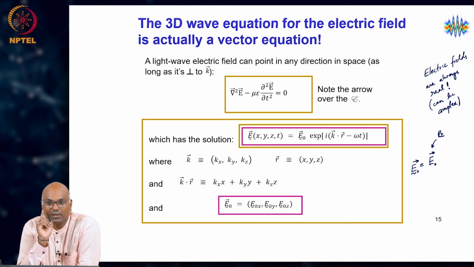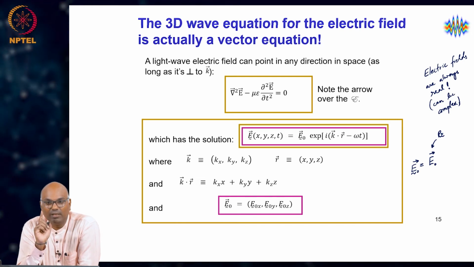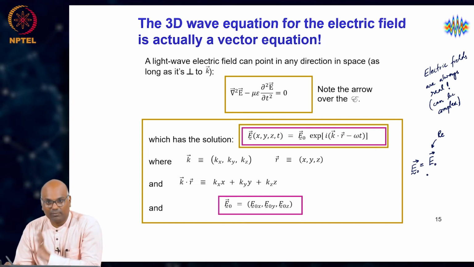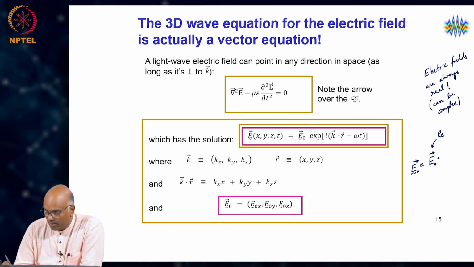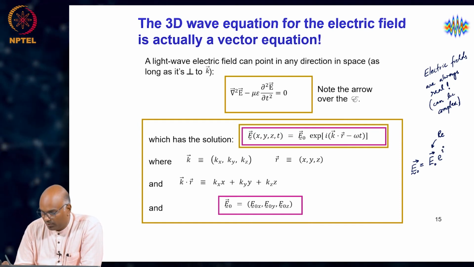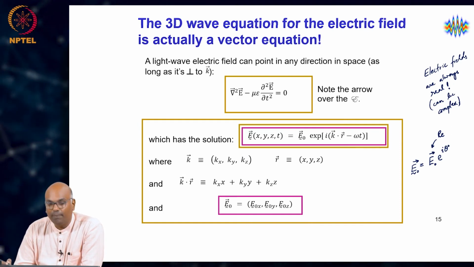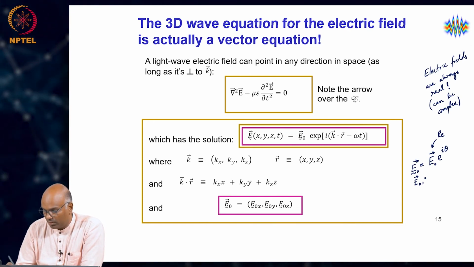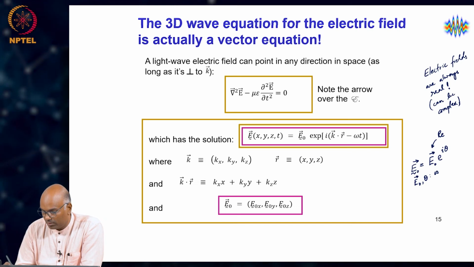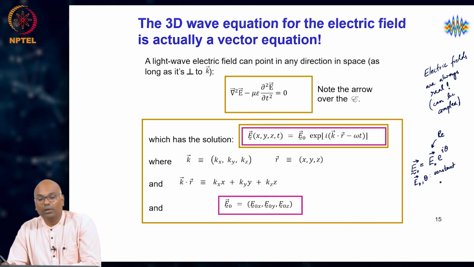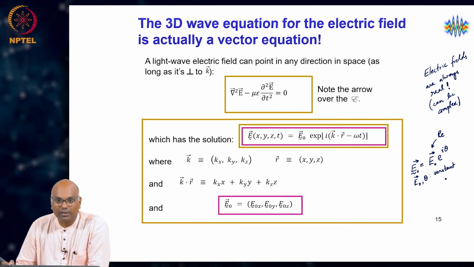This amplitude factor also means that E naught is not dependent on space or time, it is a fixed quantity. It is this multiplied by exponent of i theta, where the vector E naught and theta are constants, or in other words independent of r and t.